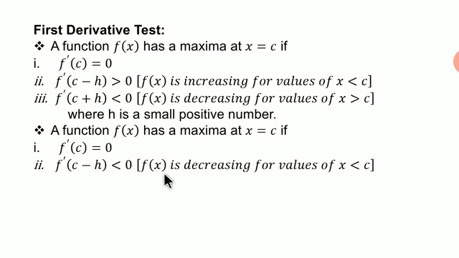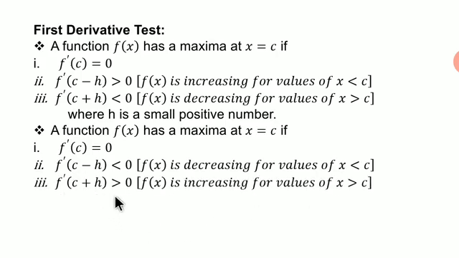That is f of x is decreasing for values of x less than c. And third one is f dash of c plus h is greater than 0. That is f of x is increasing for values of x greater than c, where again h is small positive number. And when the function satisfies these three conditions, we say f of x has minima at x is equal to c.